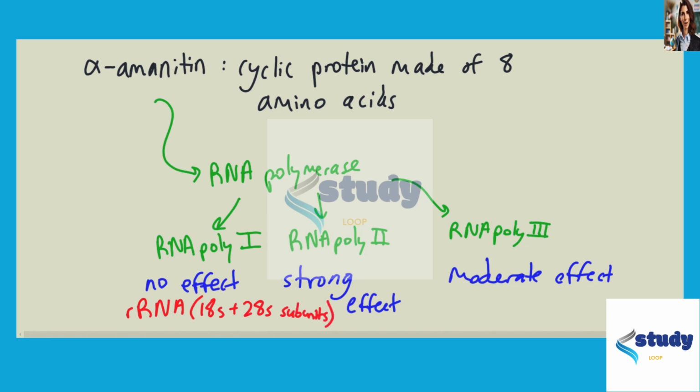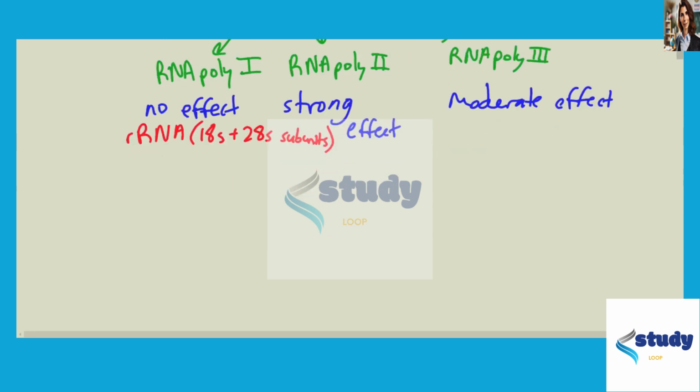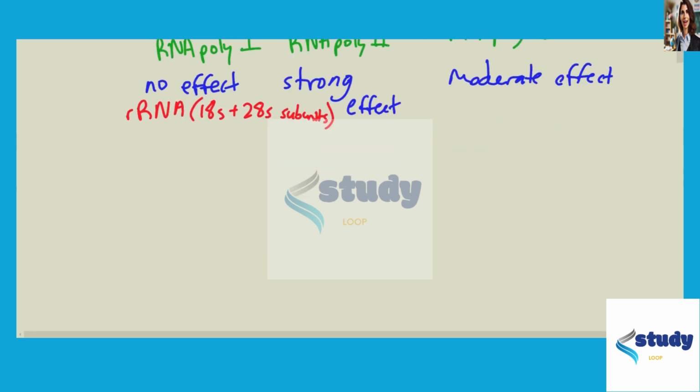For RNA polymerase 2, we find that this will have an effect on our pre-mRNAs, because it's RNA polymerase 2 that actually produces our RNA transcript.